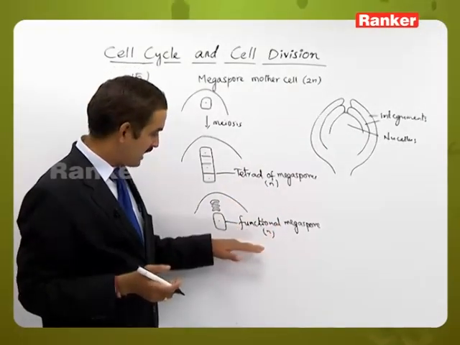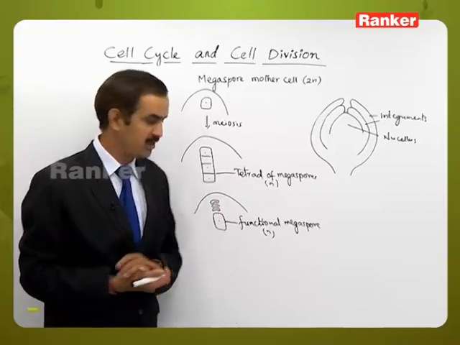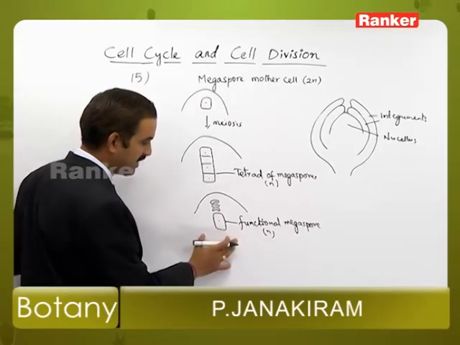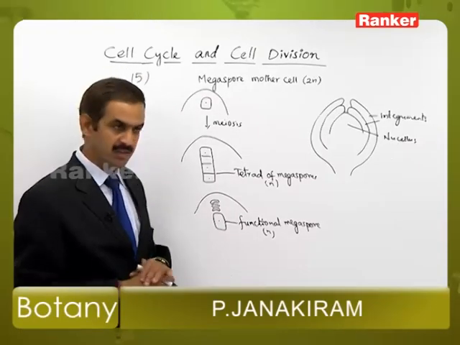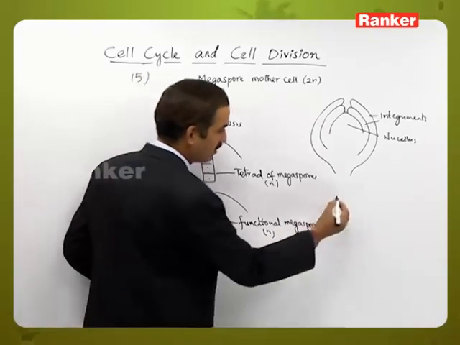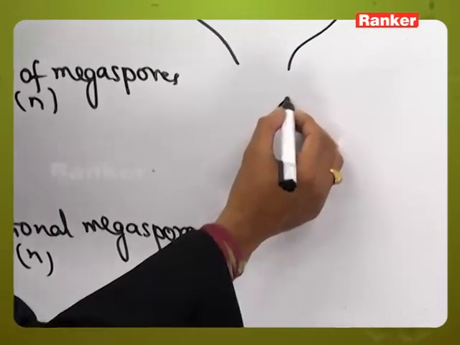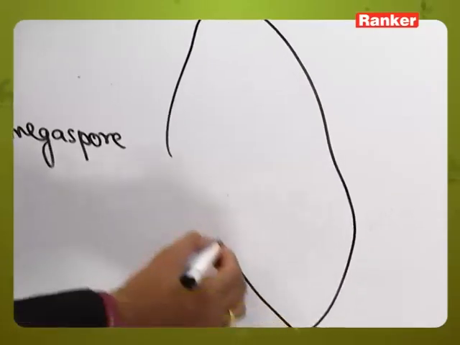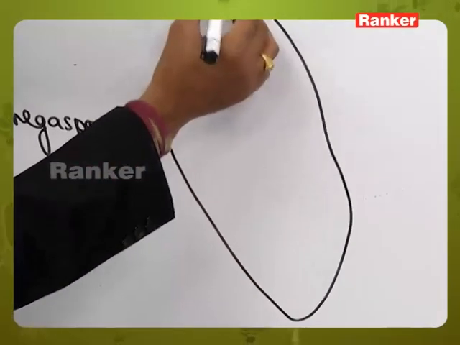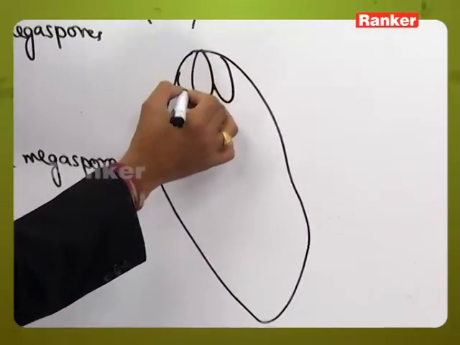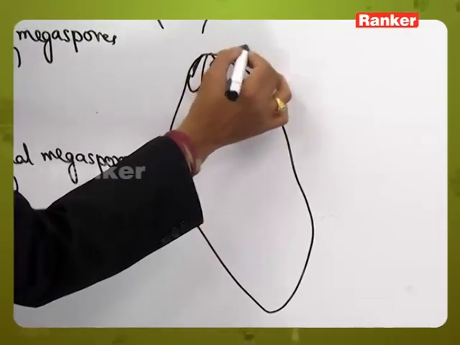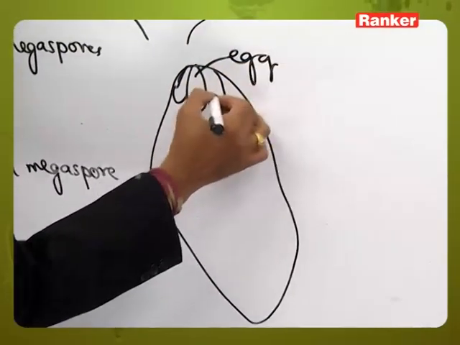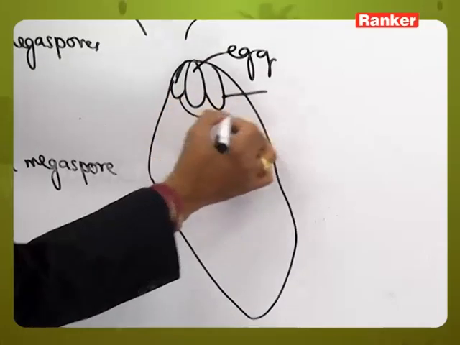This functional megaspore will undergo further mitotic divisions and be converted into the embryo sac like this. On the micropylar region, they have the egg apparatus. One egg cell will be formed and 2 synergids will be formed.